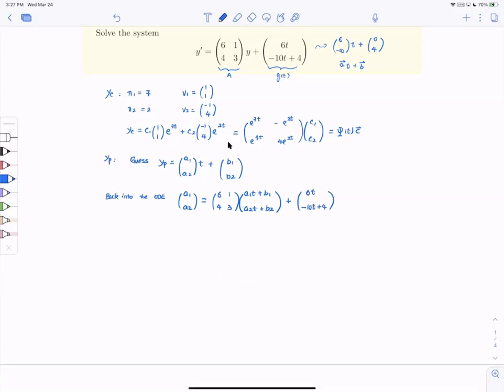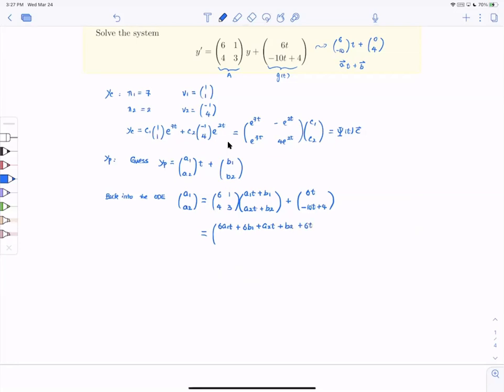Okay, and then you solve this. This is going to give you 6a1 t plus 6b1 plus a2 t plus b2 plus 6t.